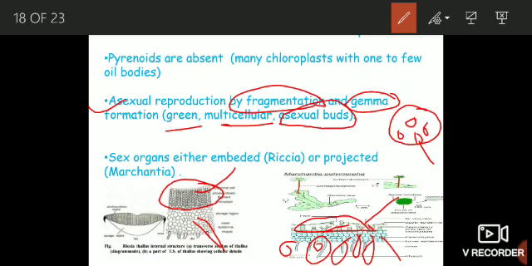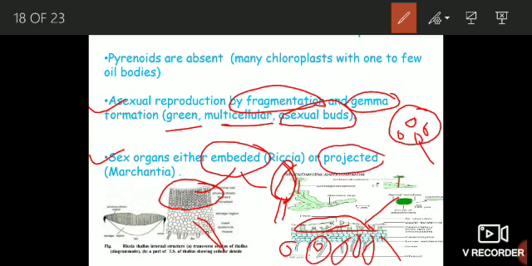Okay. Now the sex organs in case of Hepaticopsida are of two types. One type is known as embedded type. In case of embedded type, the sex organs are embedded in the gametophyte. That means if you have an antheridium, the antheridium does not contain stalk. The antheridium and archegonium lack stalks, or they can be of projected type.